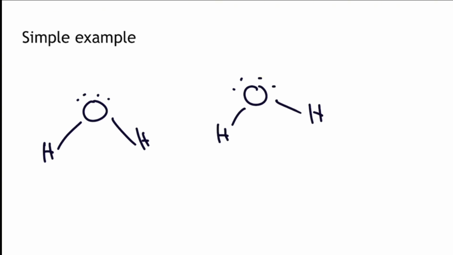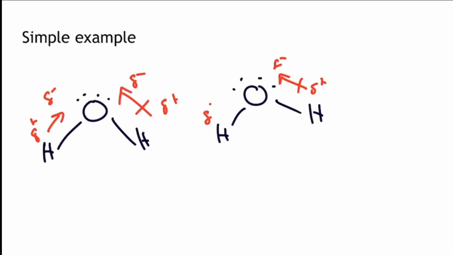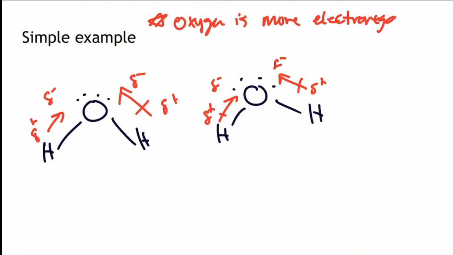Here I'm drawing two H2O molecules, and we can see, like we said earlier in the video, that there's a dipole between the oxygen atoms and the hydrogen atoms. What this is telling you is that oxygen is the more electronegative atom in this molecule, which also means that around the oxygen is where there's going to be the most electron density.